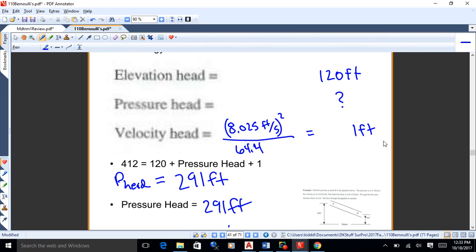So the 412 is the head loss? 412. The head loss was 20. 412 is the energy left over after the head loss.